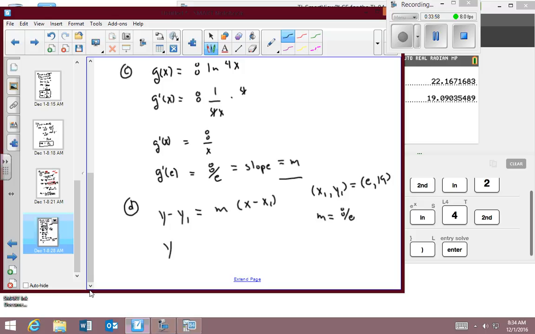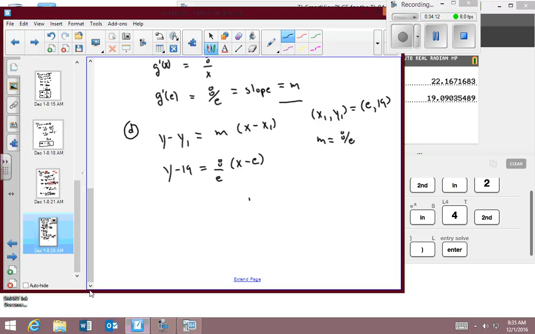So then I go y minus 19 equals 8 over e times (x minus e). Now if I multiply this through, this is 8 over e times x minus 8 over e times e.